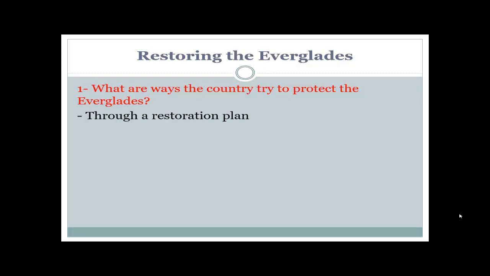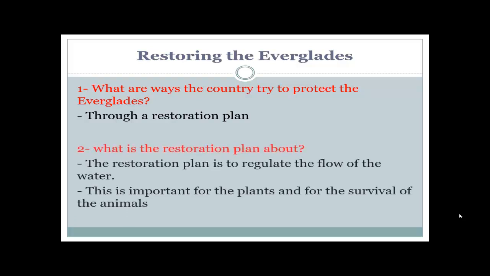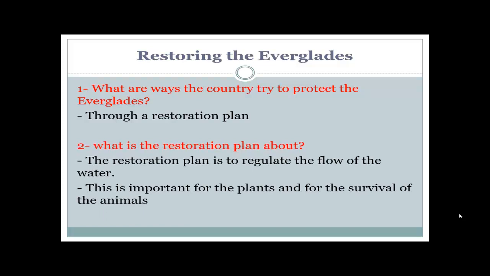Through a restoration plan. So the country made a plan in order to get the Everglades back to the way it was before. What is the restoration plan about? The restoration plan is to regulate the flow of the water, to control the flow of the water. This is important for the plants and for the survival of the animals in the Everglades.